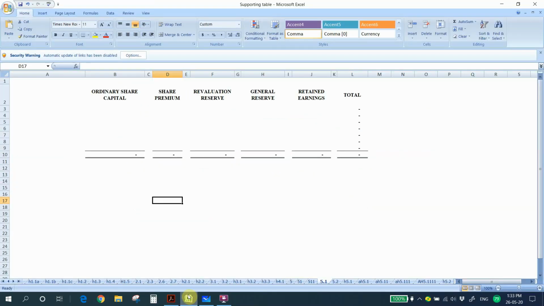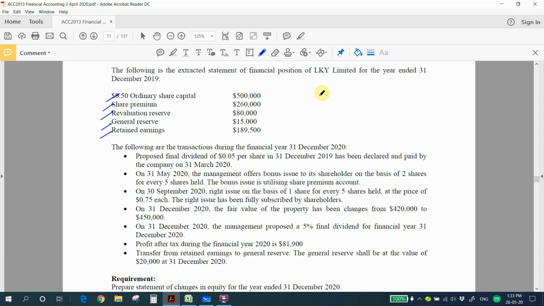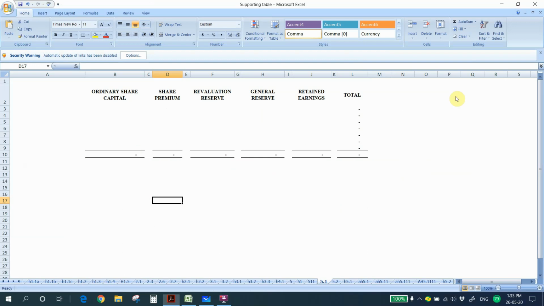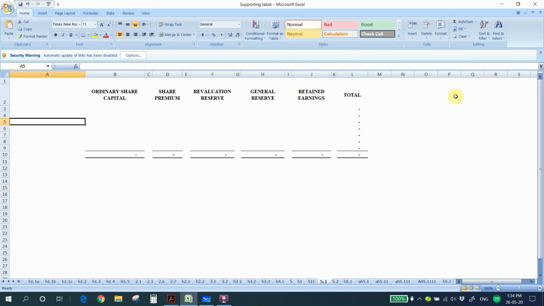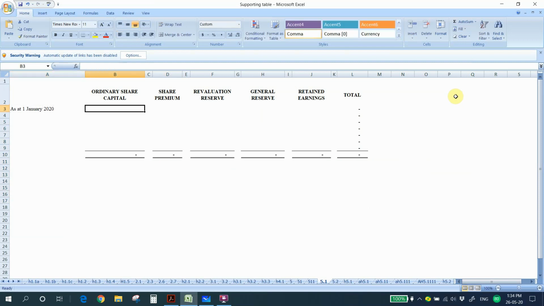The financial year end is 31st December 2020, right? So the period starts from 1st January 2020 to 31st December 2020. So we start writing the opening balances, as at 1st January 2020.